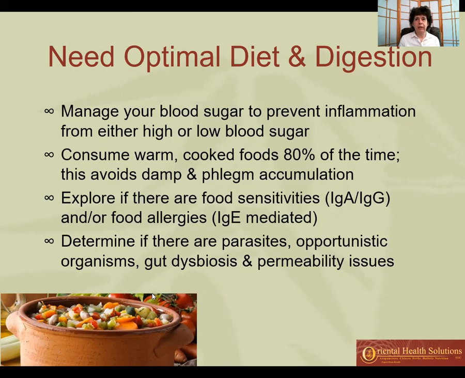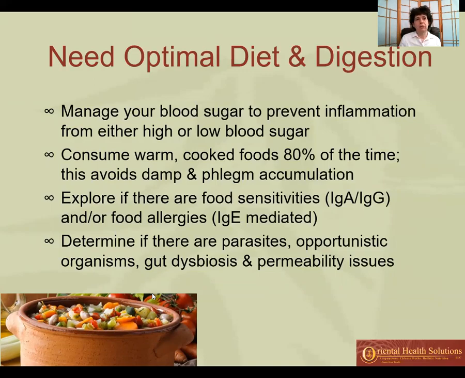Because when we eat cold cereal for breakfast, wash it down with orange juice that has ice cubes in it, and some greasy cheese or whatever, and then we may have a cold salad for lunch, washed down with ice water or iced tea or iced coffee, and maybe hopefully the person might have a hot dinner, those kinds of diets are just really crucial in causing damp and phlegm accumulation.